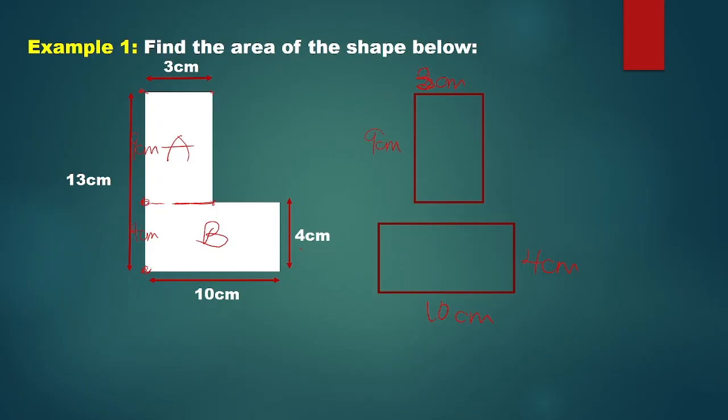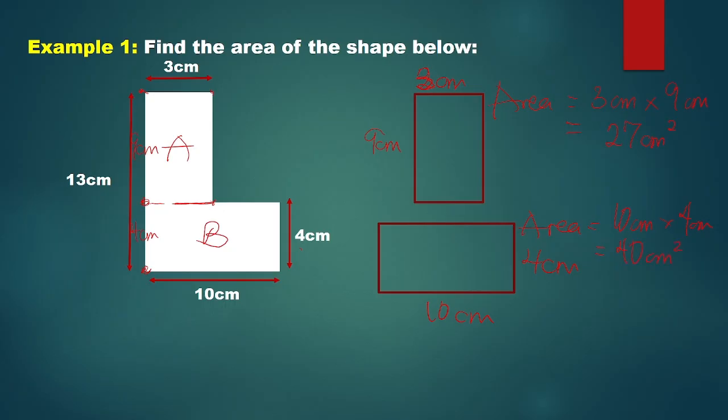So we have the length and the width of all our rectangles. To find the area of the first one, we'll simply say 3 centimeter multiplied by 9 centimeter. And that is 27 centimeter squared. Then the area of the second one is 10 centimeter multiplied by 4 centimeter, and that is 40 centimeter squared.